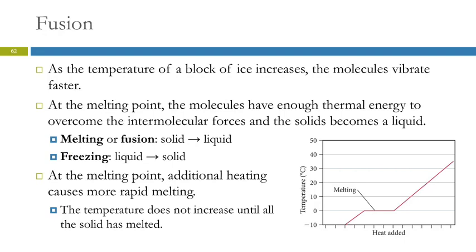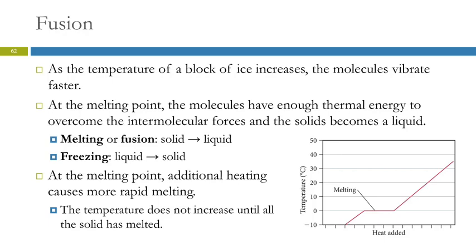So we see a heating curve. We see a heating curve for melting or fusion that looks similar to what we observed for the boiling of water. If we take solid water, ice at like minus 10 degrees, and we add heat to it, the temperature rises. We expect that. When we get to 0 degrees Celsius, the ice begins to melt.